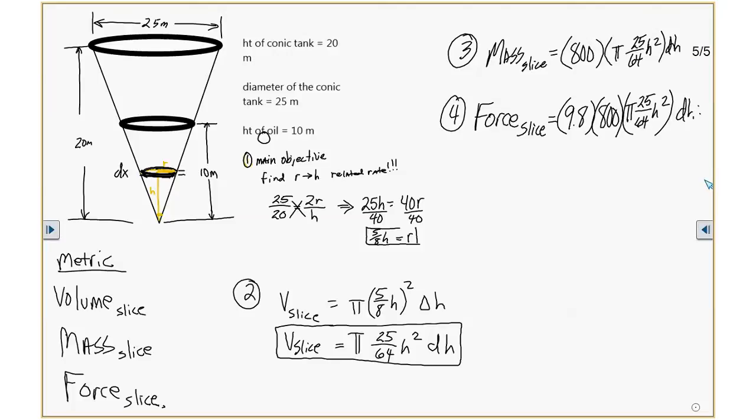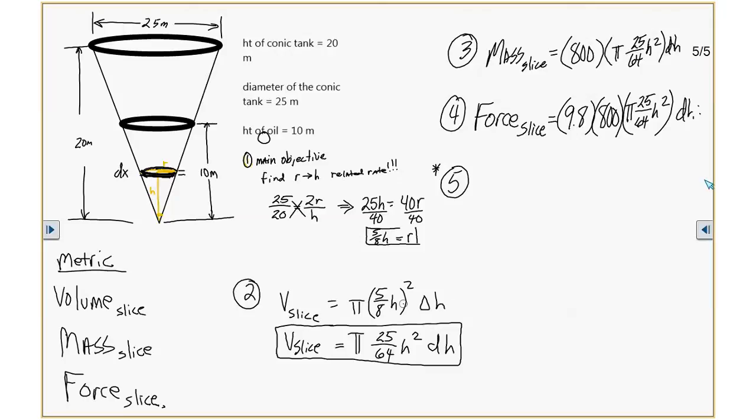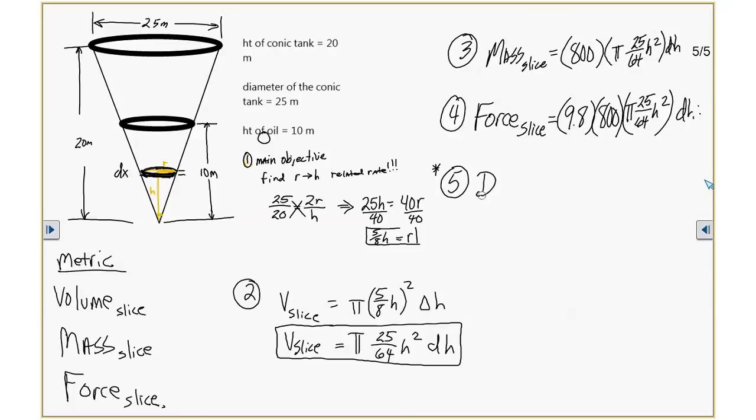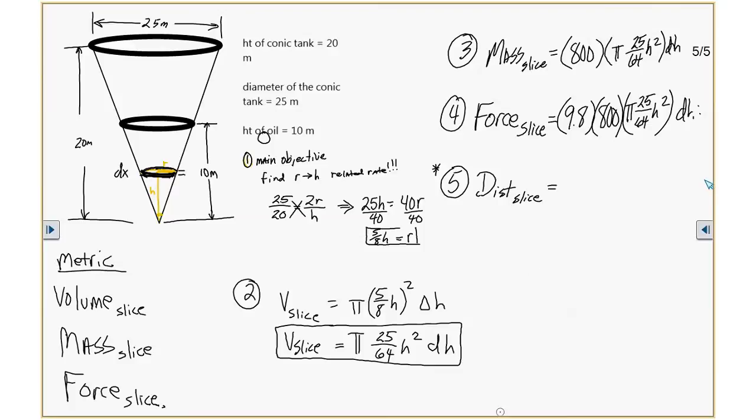And then the distance, and this is very important. The distance on your conic tanks is going to be, hold on, let me show it to you. The distance of your slice is equal to, what is the total distance of the tank?